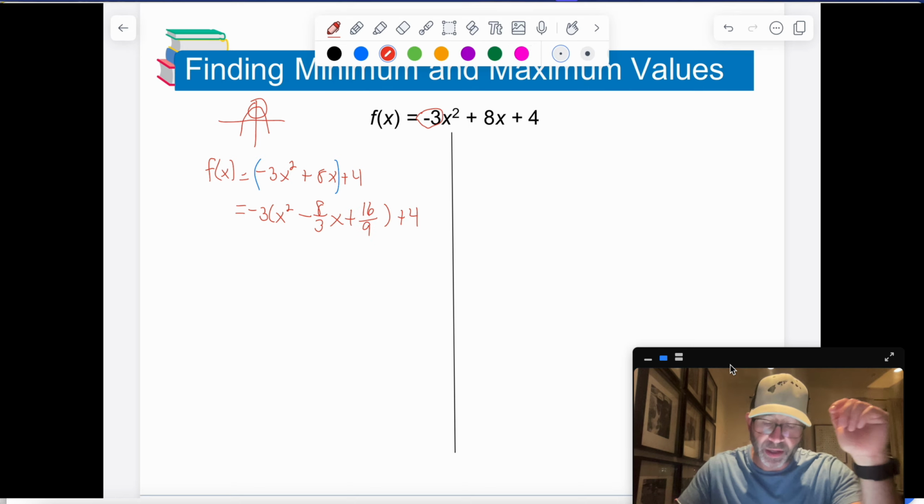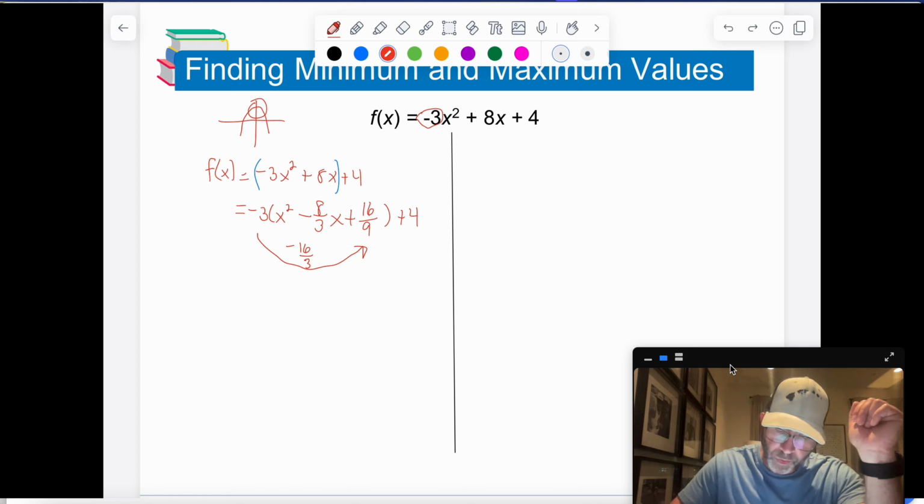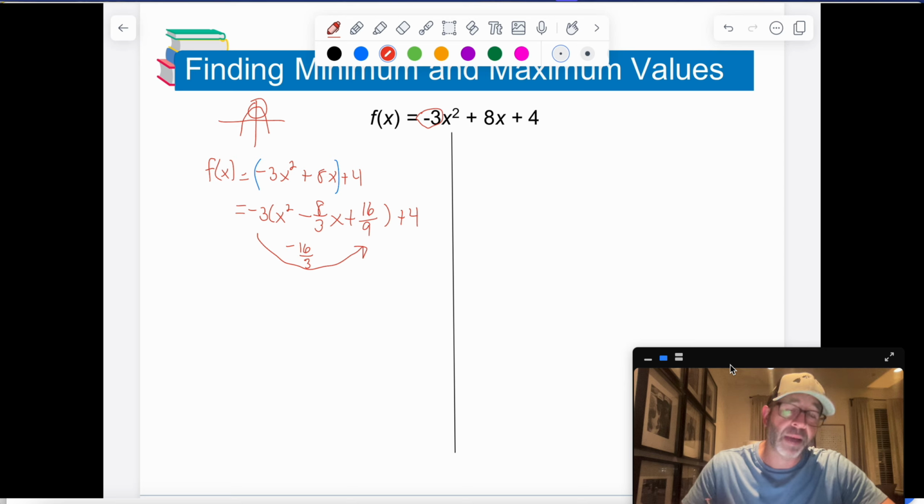Now to keep this balanced, I put in a -3 times that, which means I'm really putting in a -16 over 3. Okay, that's what I'm adding in, is a -16 over 3. And so to balance this, I'm not going to put in another -16 over 3. I'm going to put in the opposite, which is to add in a positive 16 over 3.